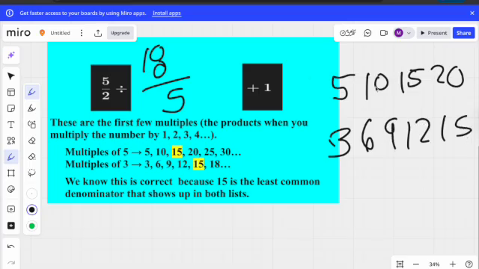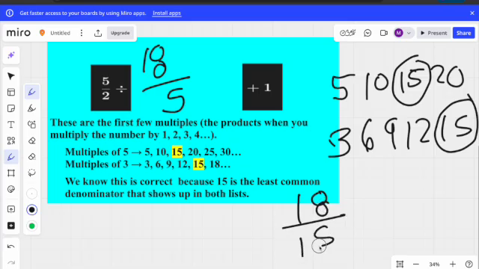And because we're looking for the least, I can go ahead and just stop there. I have a 15 in the 5s and in the 3s. So now I'm going to take that 18 over 5 and make it 18 over 15 and 5 over 15.